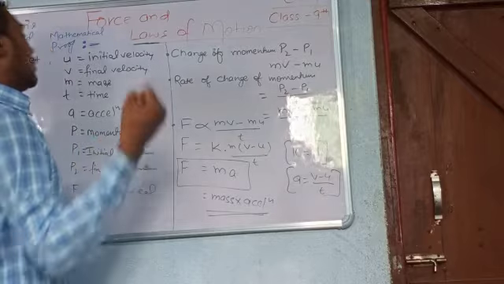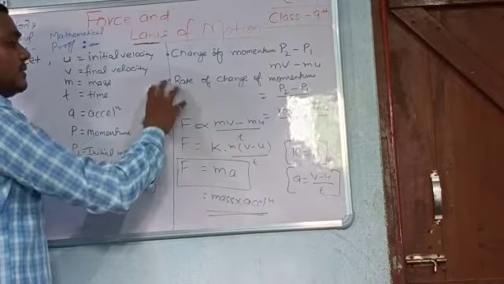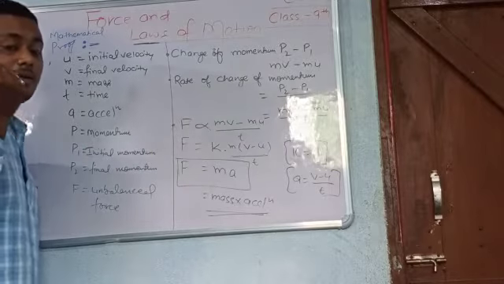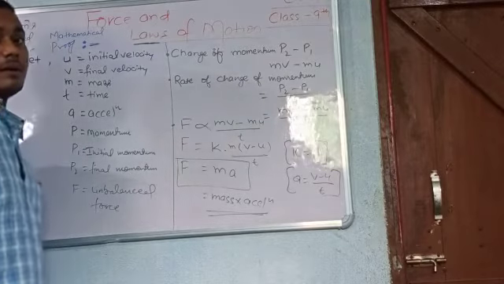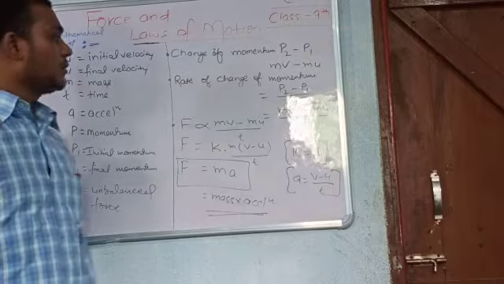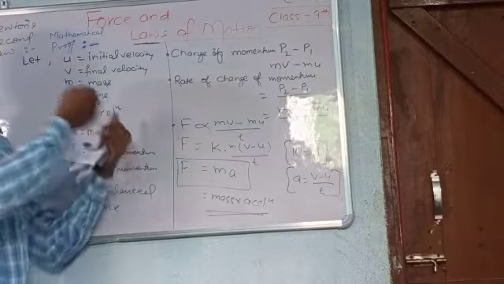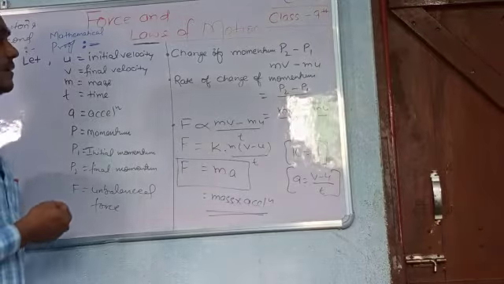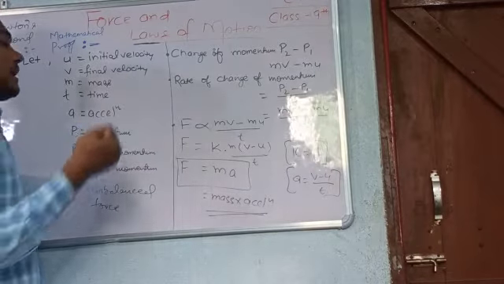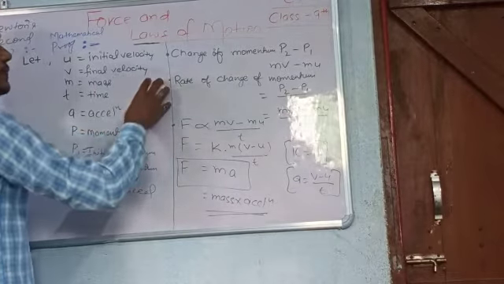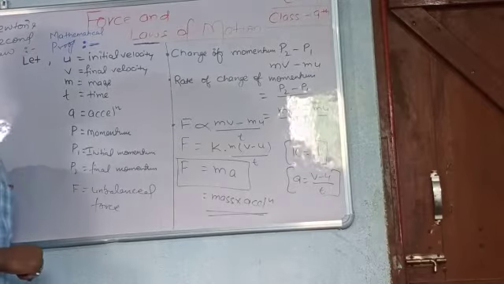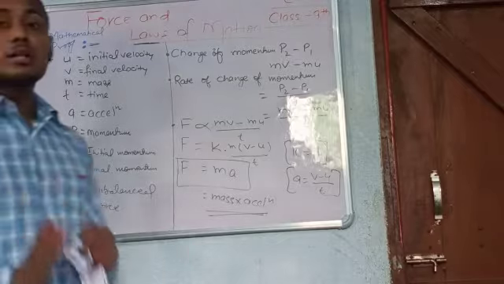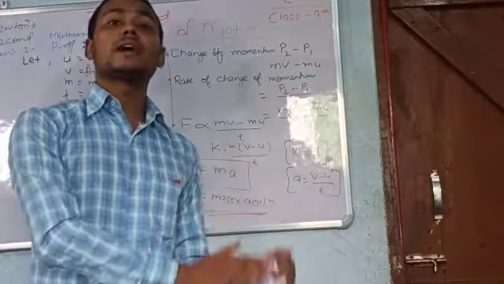If we put some force on it, the shape of this board will change, and I will also get some amount of force in return from this board. So if we apply some action, it gives some amount of reaction, equal to the amount of action.